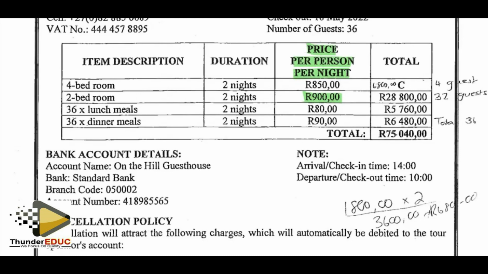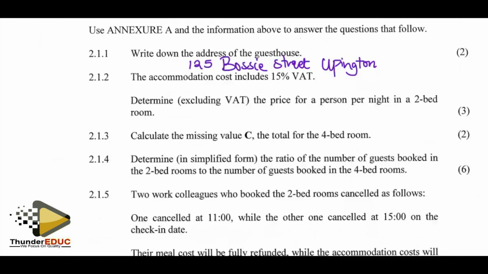Let's go there and we see it's 900, but we need to exclude VAT. So if we are excluding, we divide by 1.15. The answer becomes 782 rands 61 cents.